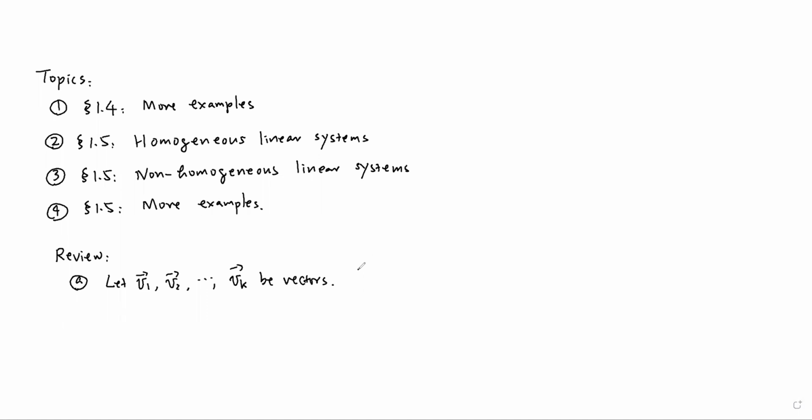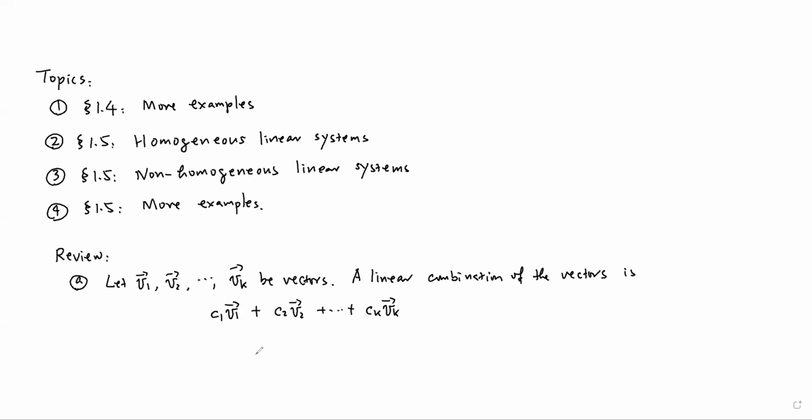A linear combination of the vectors is some scalar times V1 plus a scalar times V2, and so on, up to a scalar times Vk.